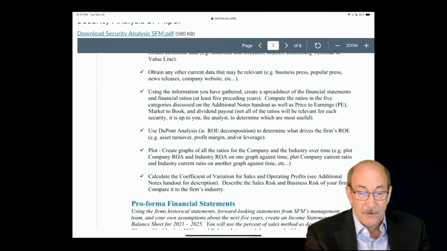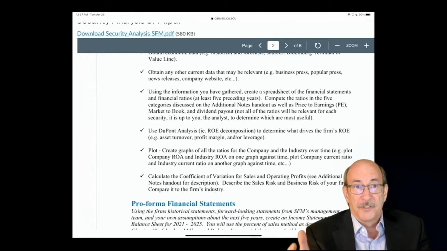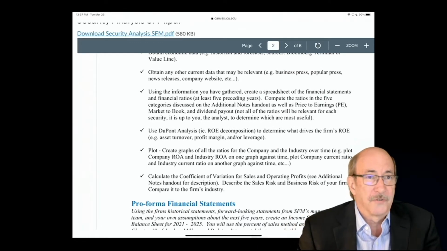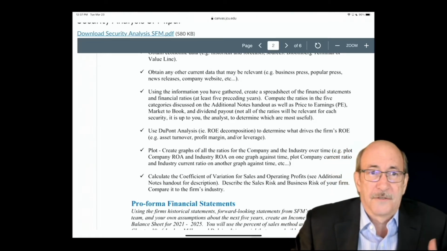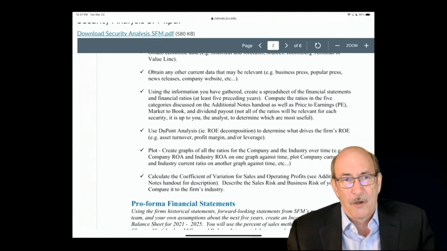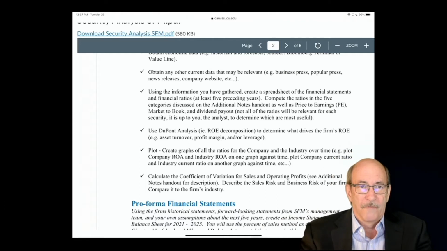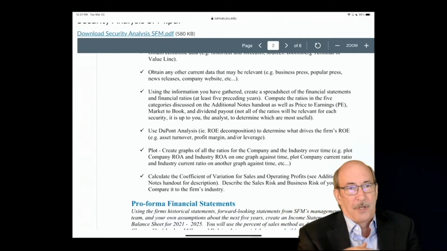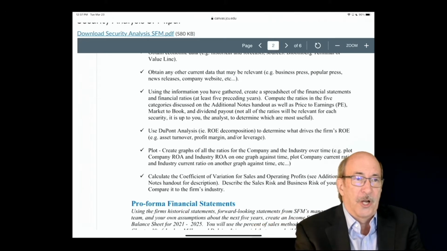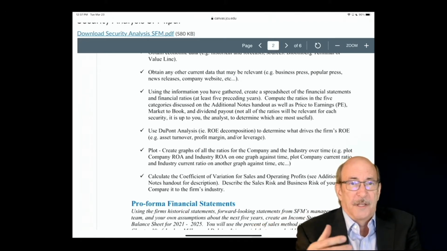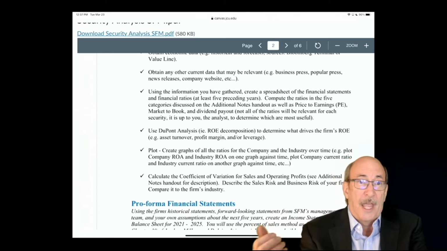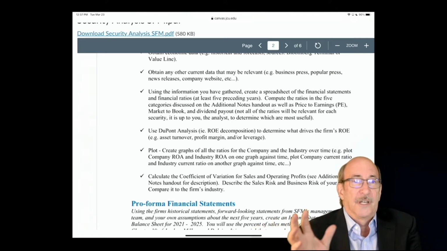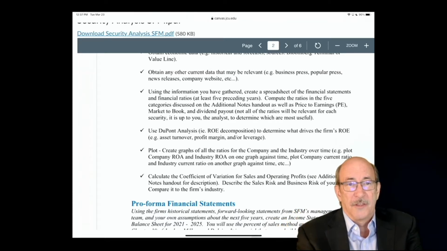All right, and then obtain any other current data. So here I'm talking about going out to, you can just do Google searches, or you can use EBSCO out of the library, whatever you're comfortable with. But what we're looking for is current articles about the grocery market and retail in general, and Sprouts in particular, and maybe the competitors to Sprouts, all of those sorts of things in the popular press.